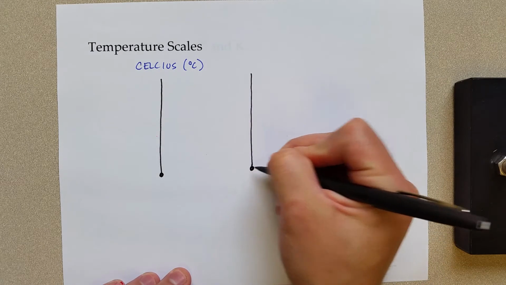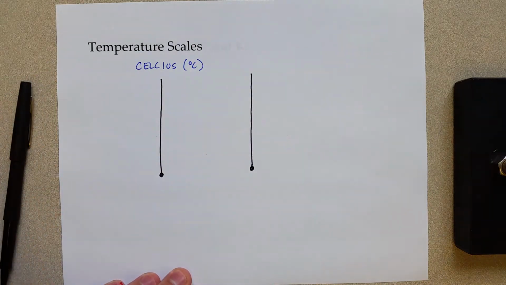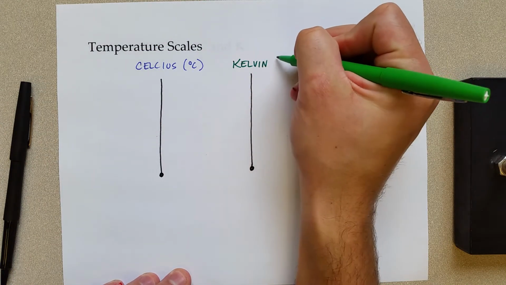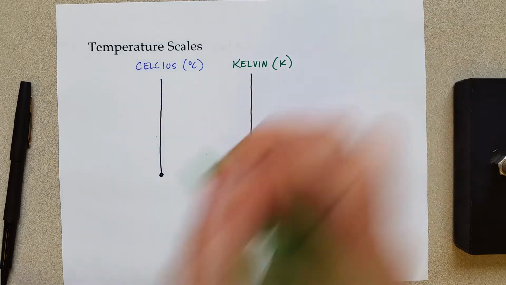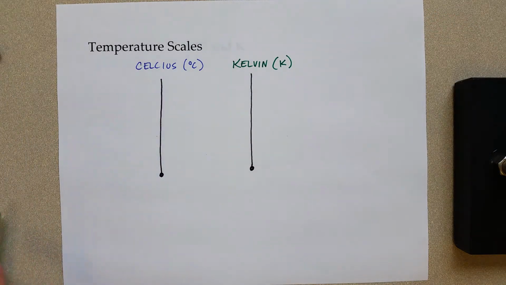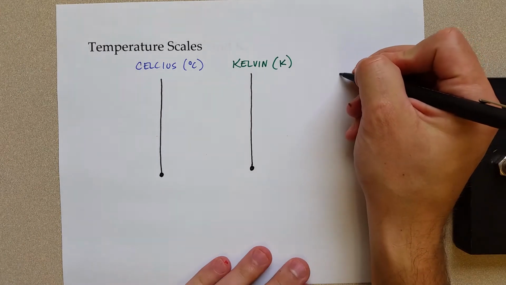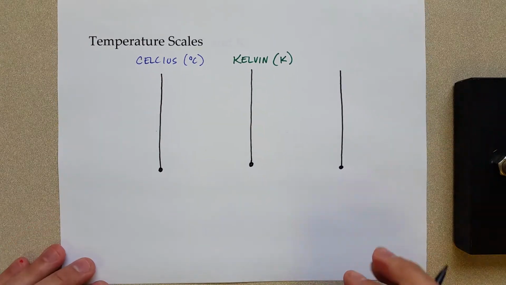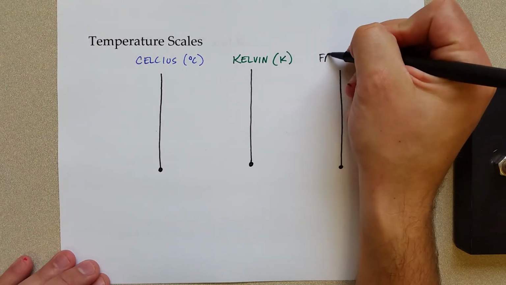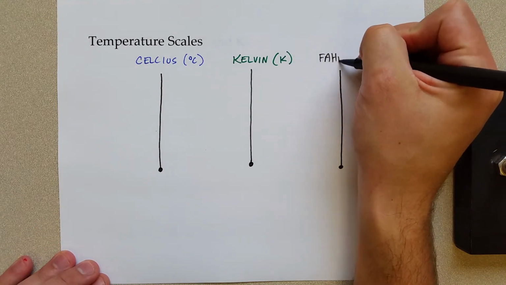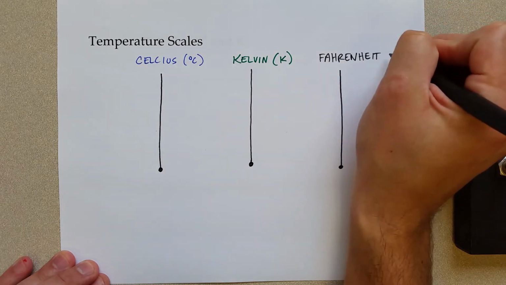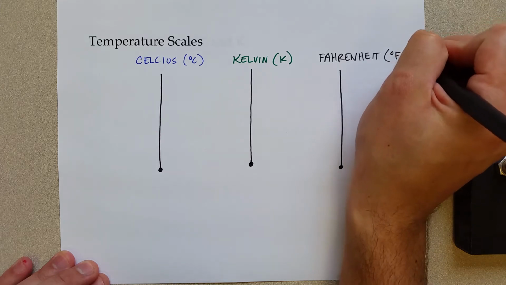If you've never taken a science course before, you've probably never heard of it, but it's a good one, and we will use it in this course. Units are Kelvin, no degree sign. And then the last one, if you're from the US, probably a little bit more familiar, is the Fahrenheit scale, which has units of degrees Fahrenheit.